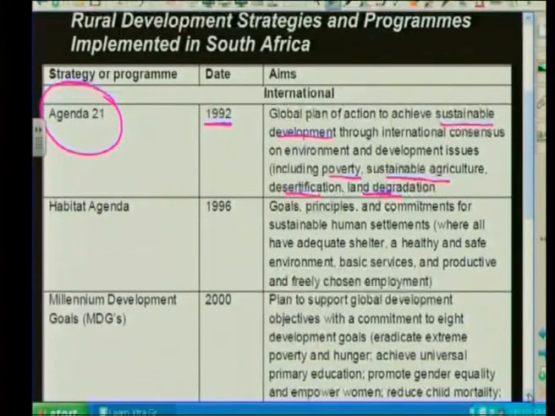The second rural development strategy that we will look to is the Habitat Agenda. Note, this Habitat Agenda came about in 1996. Let's look closely at the Habitat Agenda.